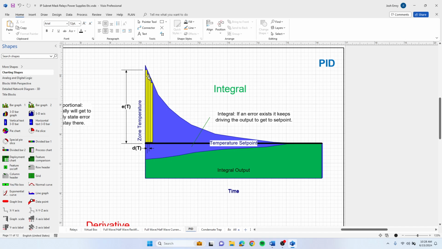The next 60 seconds, I'm this far away, and so on and so forth, and it's adding all that together. You're trying to figure out the sum of the errors under this curve, this area, like how far away you are from set point. That affects your integral output. So as long as there's an error, the integral is going to keep driving that output until you get to 0, as in you're at temperature set point.